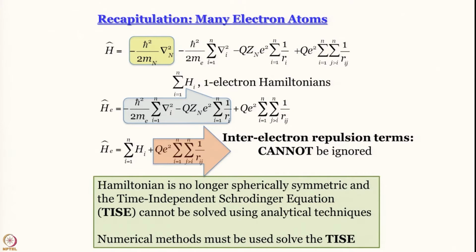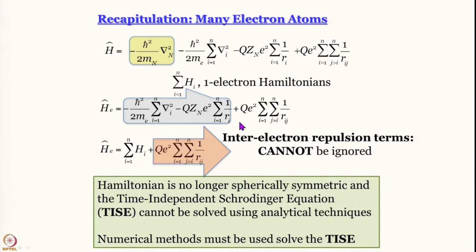Okay. So, to recapitulate, we now are sufficiently familiar with the Hamiltonian of many electron atoms. We know that it is a sum of n number of 1 electron Hamiltonians, and there are these nC2 combinations of electron repulsions.